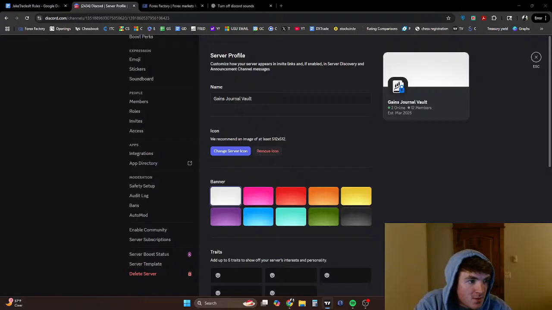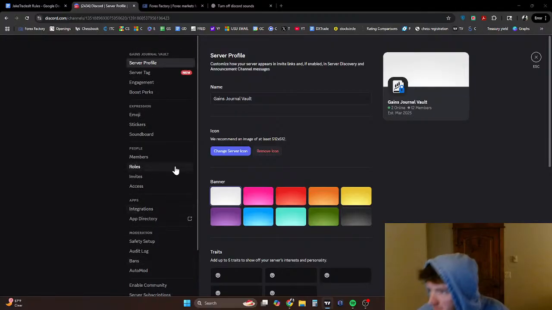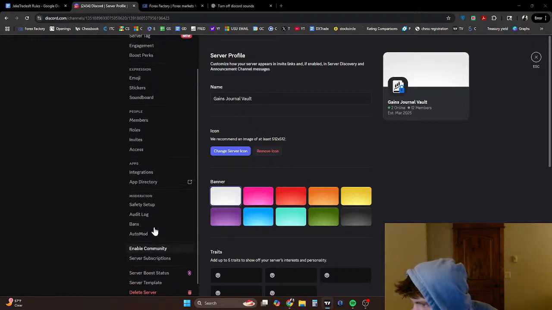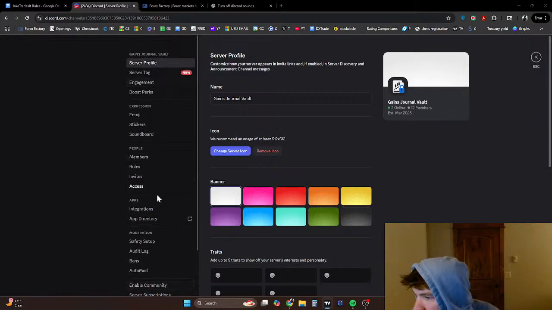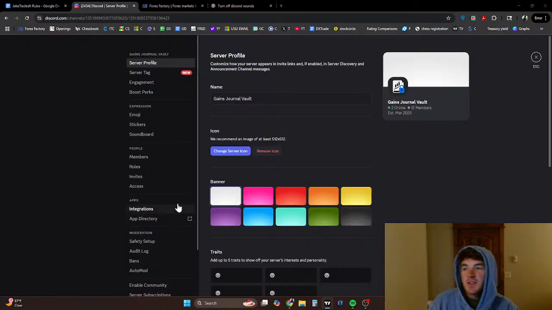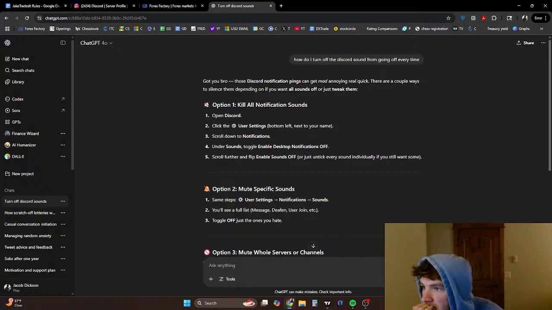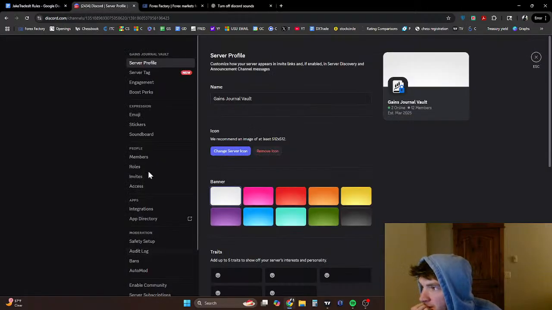Man, we got quite the wick here at 8:30. I wonder if news came out or something. I'll take a look at that in a second. I'm just trying to fix this because I hate how many notifications go off every dang second. Bottom left next to your name. Oh, this is gains settings. I need to go to user settings.